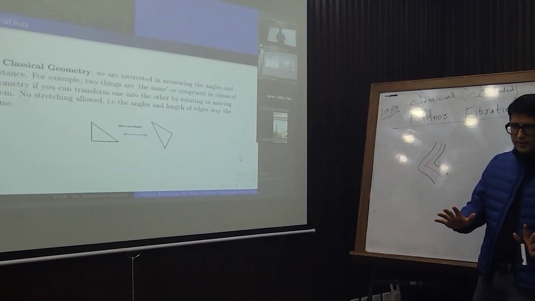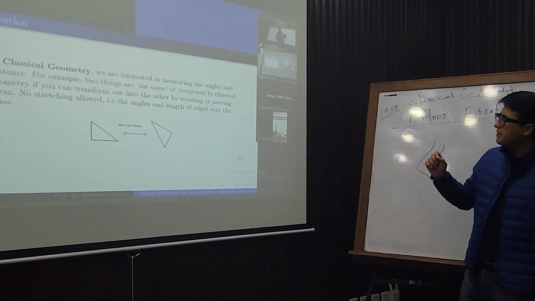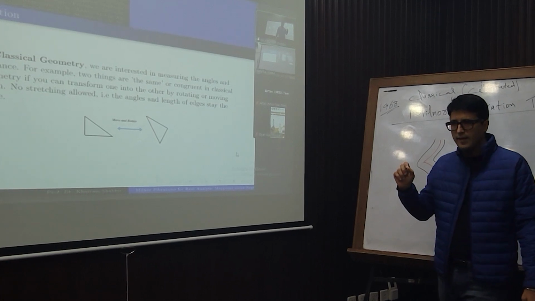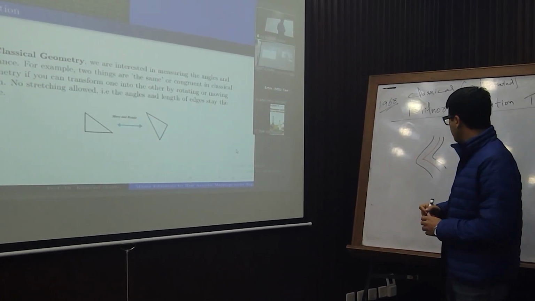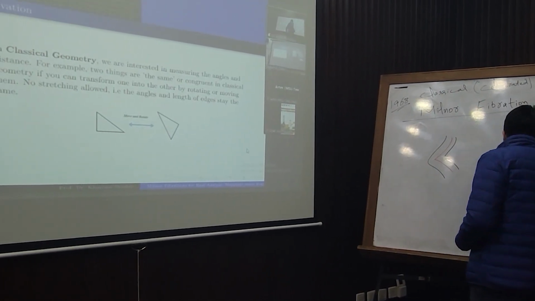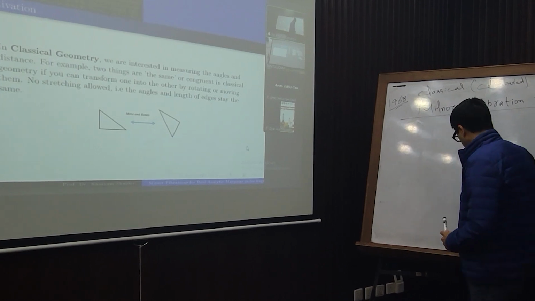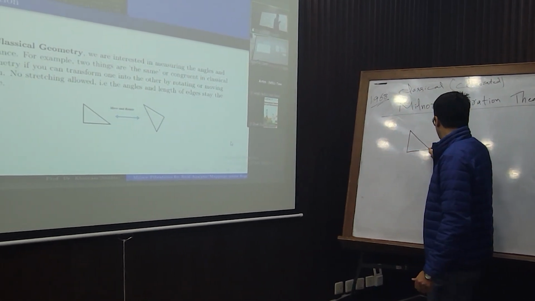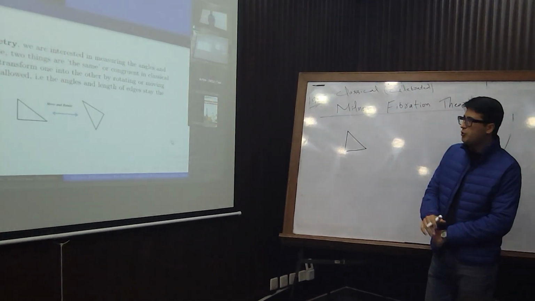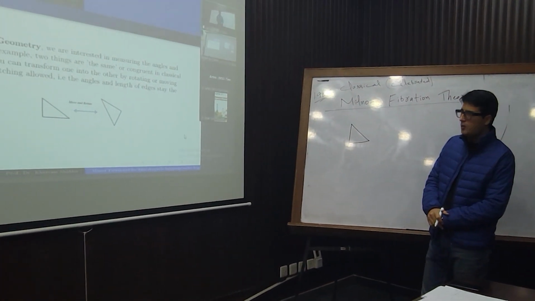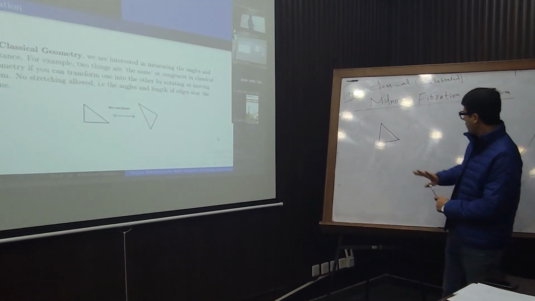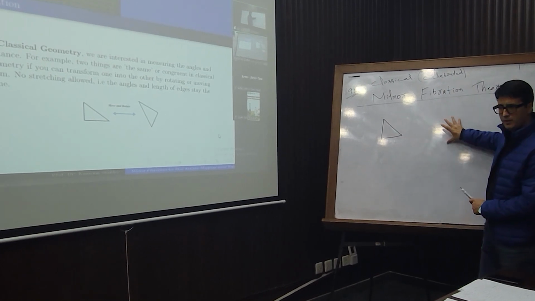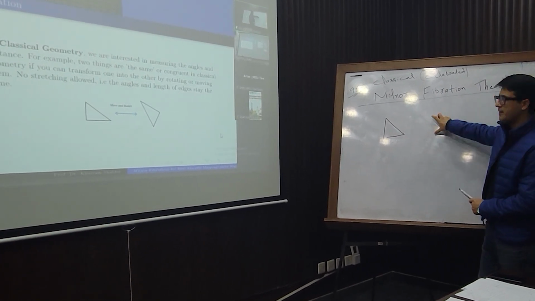I mean the Euclidean geometry. We are interested in measuring the angles and distances. For example, if I have a triangle, in Euclidean geometry we are allowed to either move this triangle or to rotate this triangle.